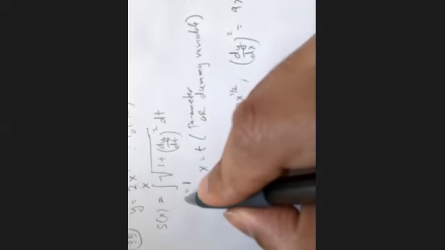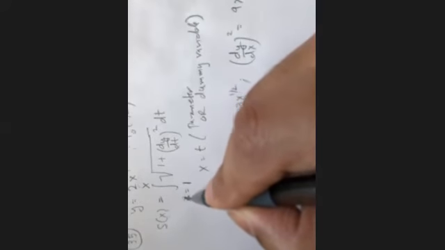Now we just replace x with t. So our arc length function, let me change, instead of x it's t.